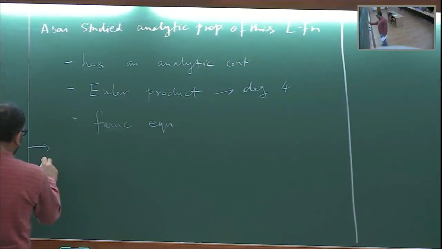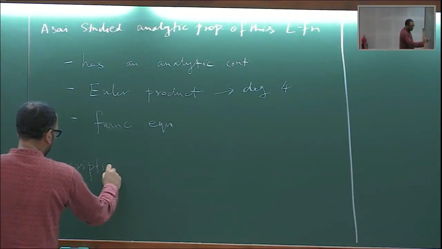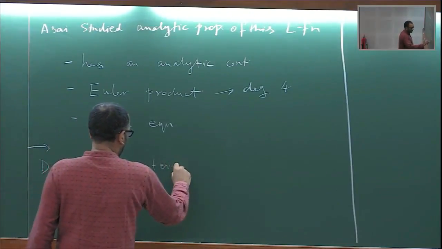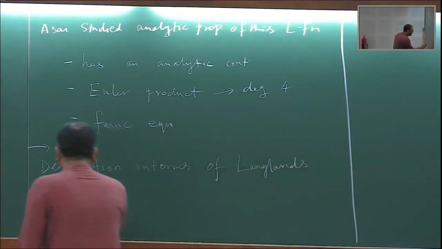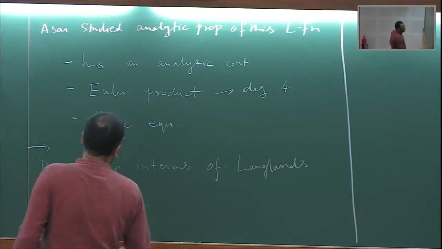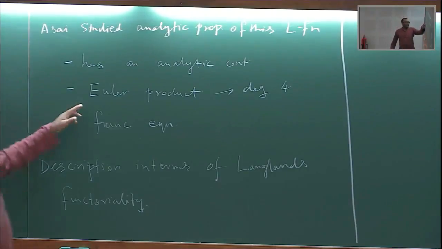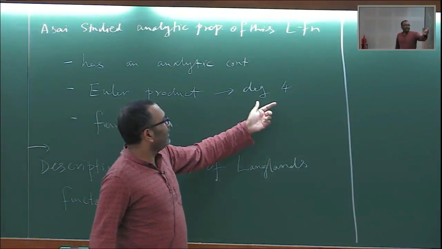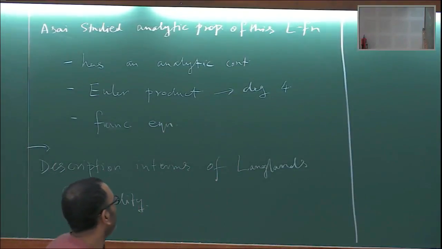This has a description in terms of Langlands functoriality. Basically I'm starting with a modular form for GL2 over F, and I'm ending up with a degree 4 L-function, which in this case turns out to be associated to something coming from GL4.